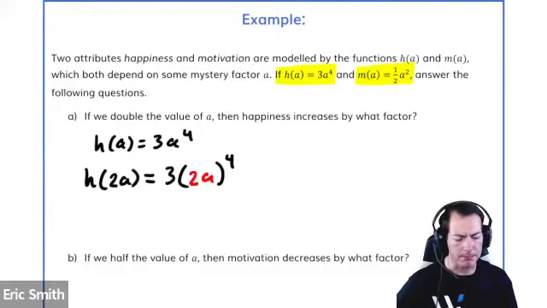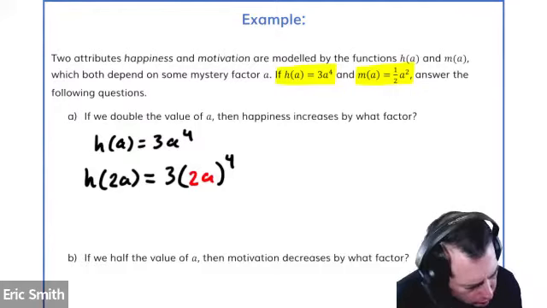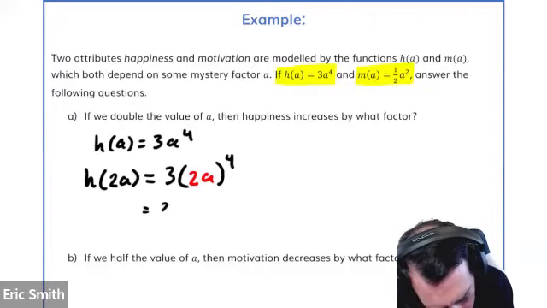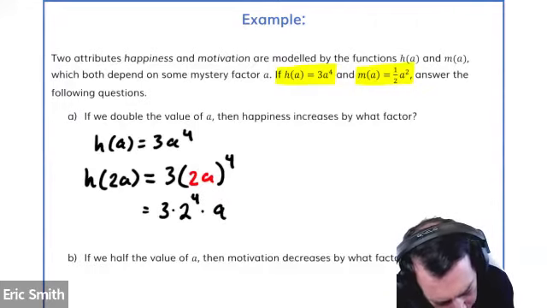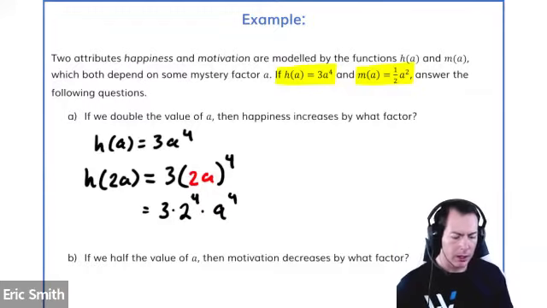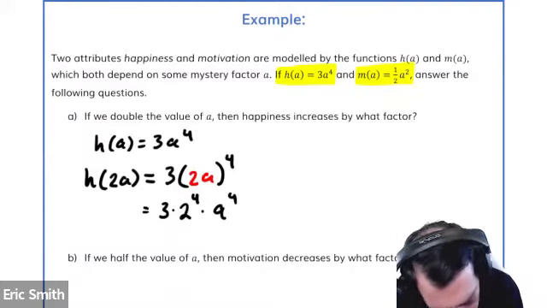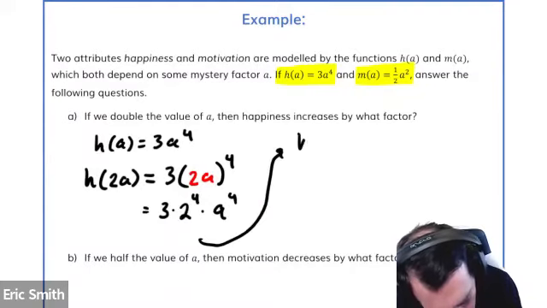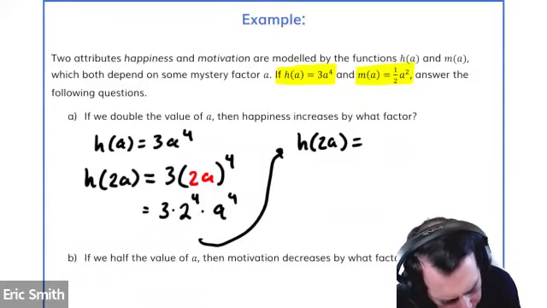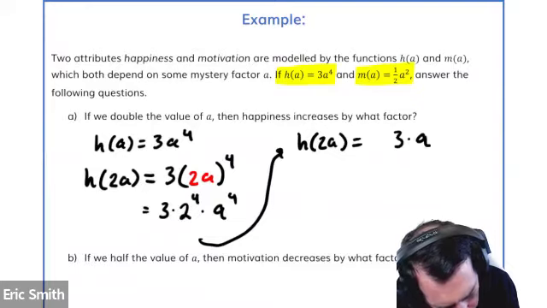All right, let's see what we got. So let's see, if I take 2 and I raise it to the power of 4, I can also take A and raise that to the power of 4. Now, some of these pieces are really the same pieces that were in my original equation. So I'm really just going to take those pieces that were originally there, kind of rewrite them.